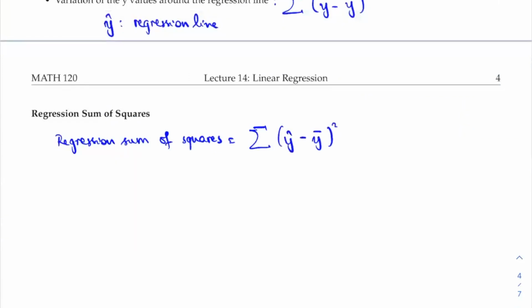So that is the difference between the regression line and the mean value.